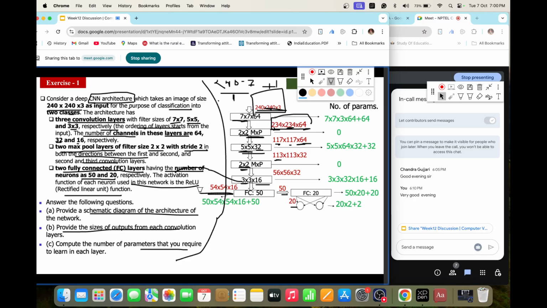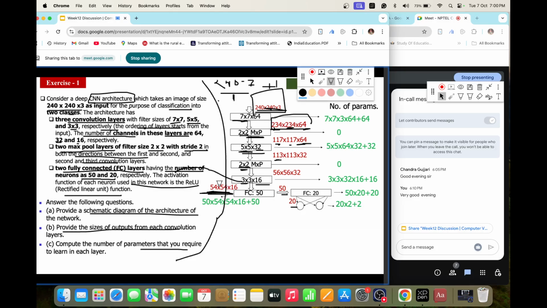At last you have this thing that is very important, that is what is the dimension of the fully connected layer. Whenever we are talking about the fully connected layer, I have told you, you have to flatten the layer. So whatever answer you got from the last layer, you have to flatten it, that is why you just multiply.